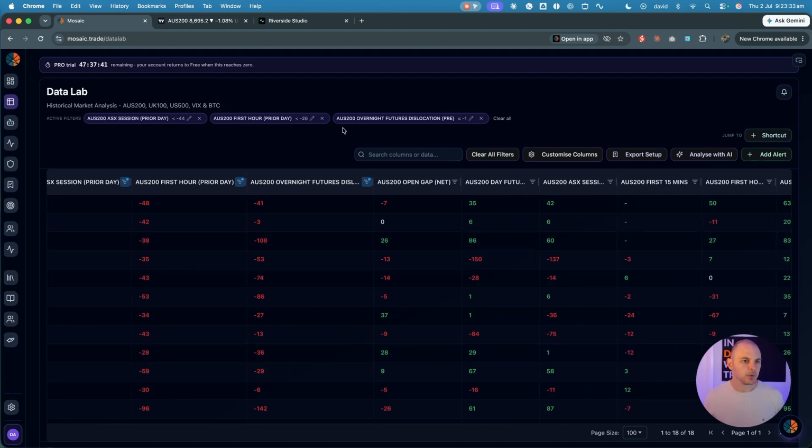If you want to verify any of this, you can see here Oz 200 ASX session prior day. This is also why it's filtered 44 and 26 here, because that's the bottom 10% of moves. That's why it flagged as an outlier, because it was in the bottom 10th percentile for first hour falls and ASX session falls.